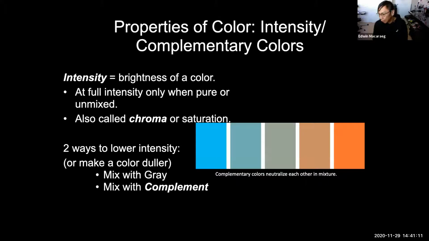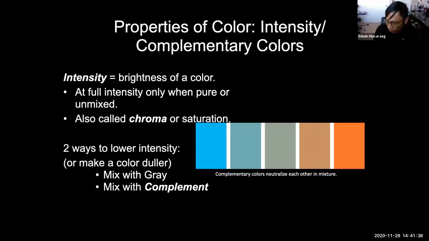Okay, so another property of color is intensity. Intensity is the brightness of a color. It's at full intensity only when pure or unmixed. So say that you have a yellow and you want to make it as intense as possible. You just don't add any color to it.